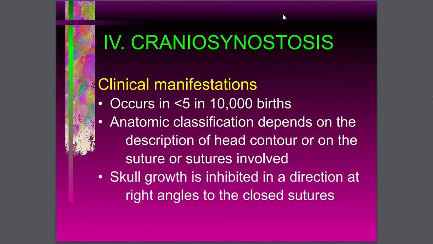So kung ang sagittal suture ang center mo ma-close, temporarily ma-fuse na siya, then the head growth would be at right angles to the closed suture, so that ang ma-increase is the anterior and the posterior brain. So we call it scaphocephaly, no? Kung ang sagittal suture masira, we call it scaphocephaly, no?